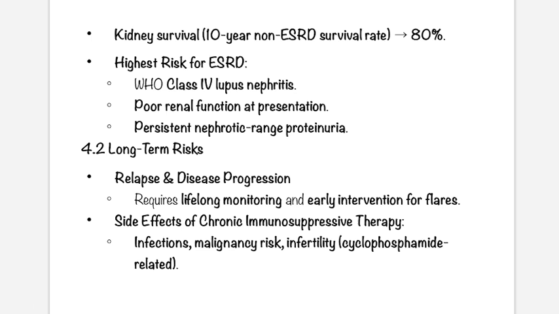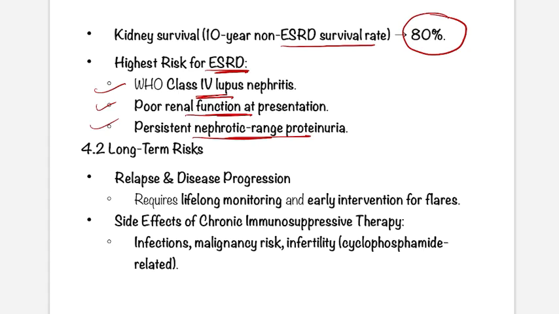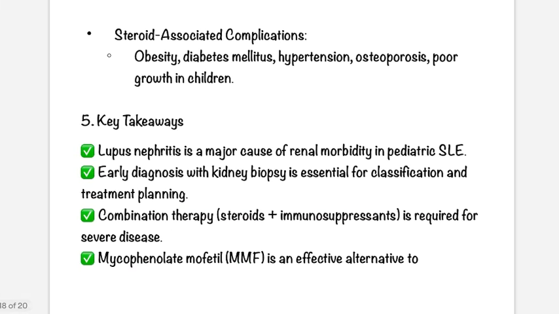In terms of survival, 10-year non-ESRD survivability is 80%, and the highest risk for end-stage renal disease is in class 4 lupus nephritis, poor renal function at presentation, and persistent nephrotic range proteinuria. Long-term risk: it might relapse, so early intervention for flares. Side effects of chronic immunosuppressive therapy, as we all know, are infection, malignancy risk, and infertility with cyclophosphamide, as we discussed just now.